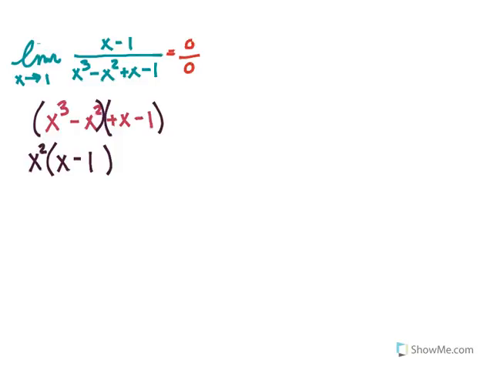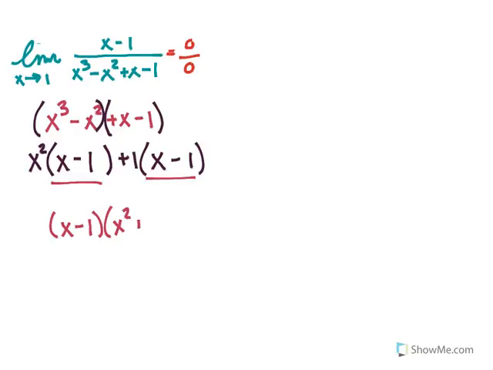And then in the next one, the only thing that I can take out between a positive x and a -1 is a 1. And it's a positive 1 because this term is positive. If it were negative, take the negative out. So the only thing that's going to be inside is the same exact thing, which is good because now these 2 are identical, which means we did this right. So that's going to yield one of the binomials, x minus 1. And whatever's left over, the x squared and the positive 1, are going to be the other part.